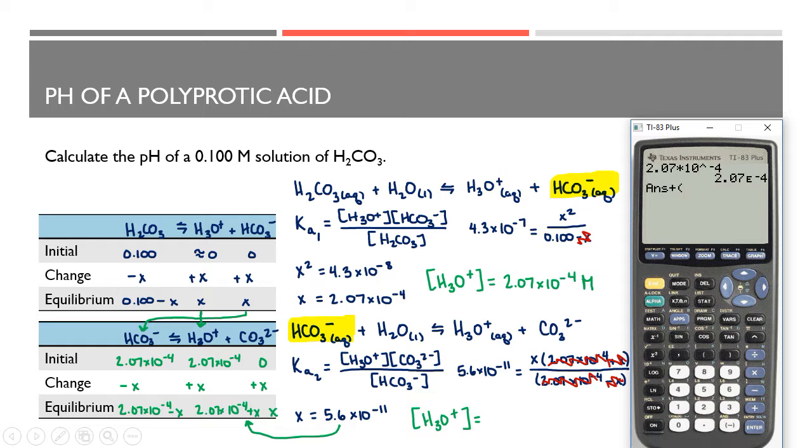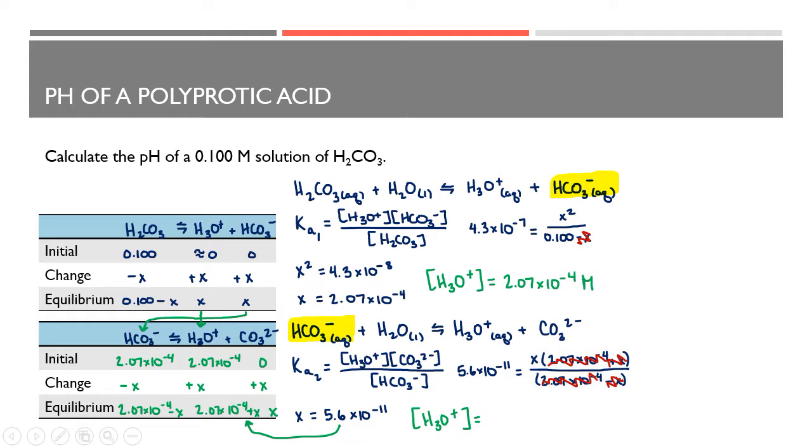So I'm going to add 5.6 times 10 to the negative 11th. Now what you're going to see is that this really doesn't do anything. I get 2.07000056, maybe I counted too many zeros there. That little tiny change is completely outside of our quantity of significant digits here.